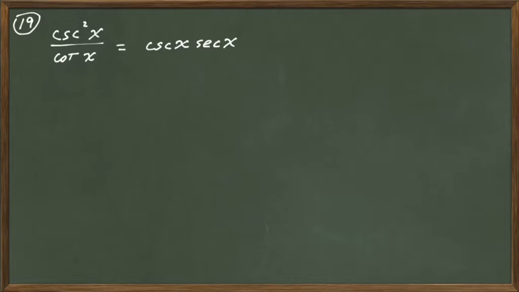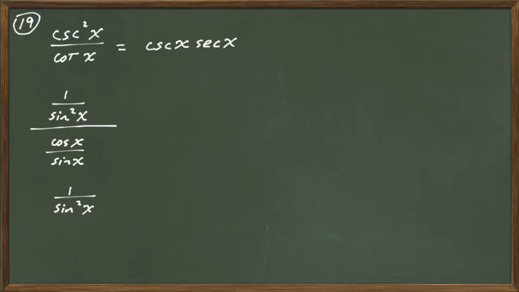There are lots of options. I usually change everything into sines and cosines. Cosecant squared is 1 over sine, and because it's squared, it's 1 over sine squared. Divided by cotangent. Cotangent is cosine divided by sine. You're going to stay, change, flip. Or, when you divide by a fraction, you multiply by the reciprocal.